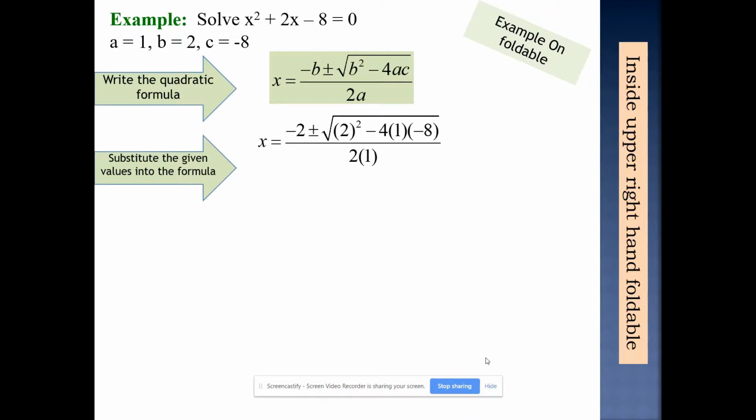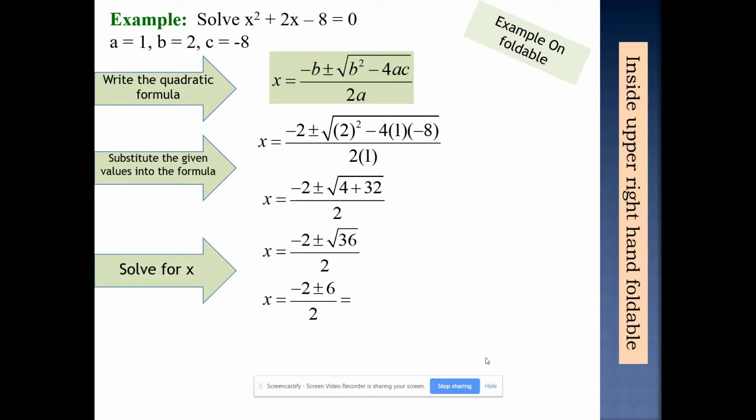So we're going to take it and substitute a, b, and c into our formula. So we have negative 2 plus or minus the square root of 2 squared minus 4 times 1 times negative 8, divided by 2. So we're going to start simplifying it so that we can figure out what our x's are. So 2 squared becomes 4, and negative 4 times 1 times negative 8 becomes 32.